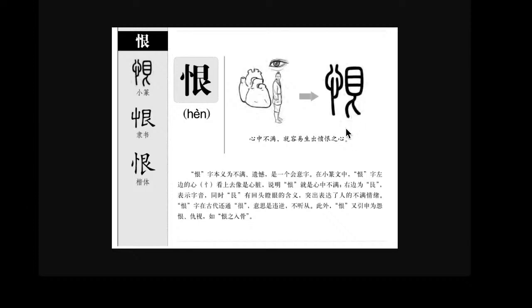This character means to turn your head and stare at that person. So that's why there is a person right here and a really huge eye. That means you turn the head and stare with big eyes at the person. This is to express the meaning of hate or regret.